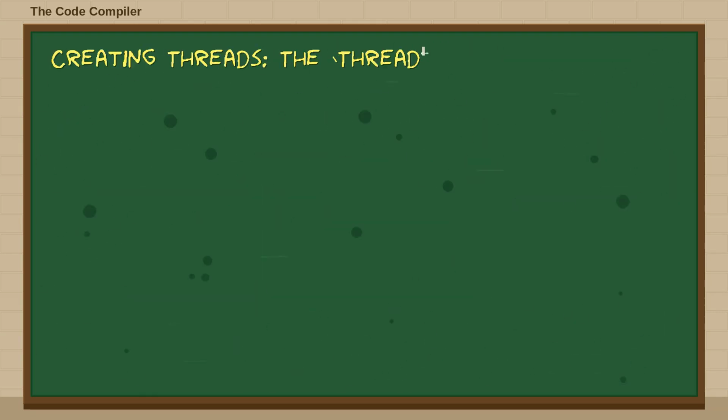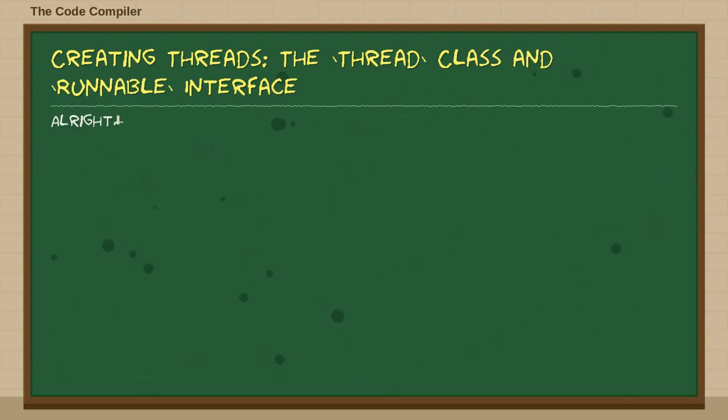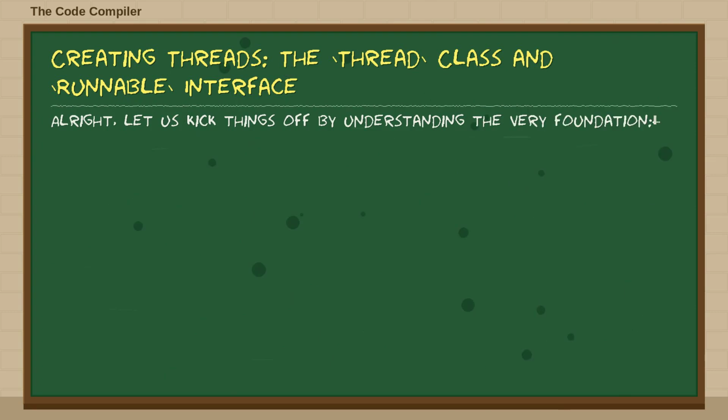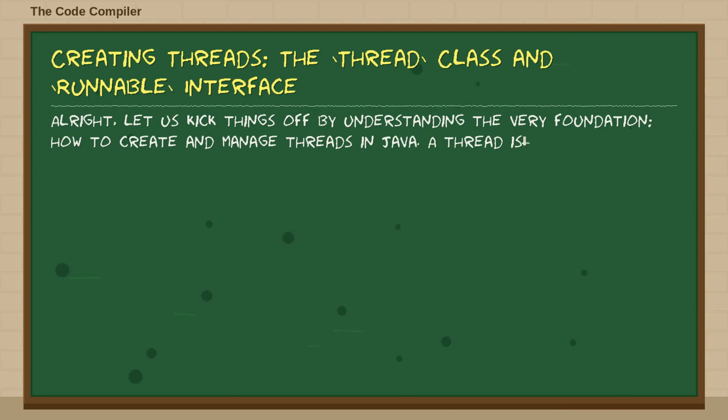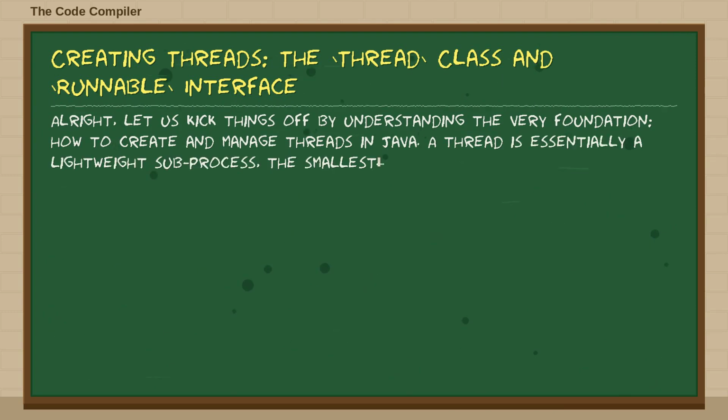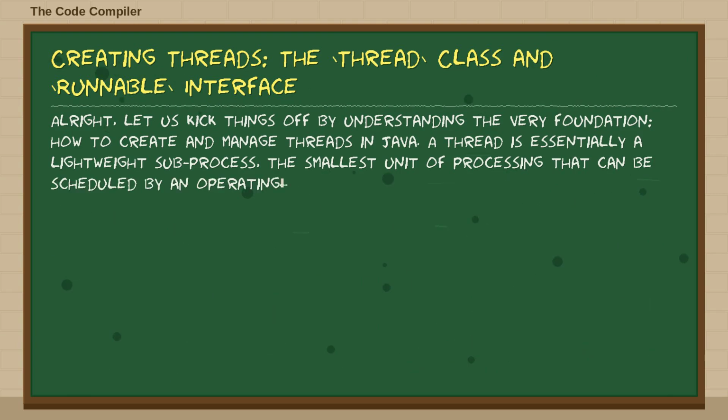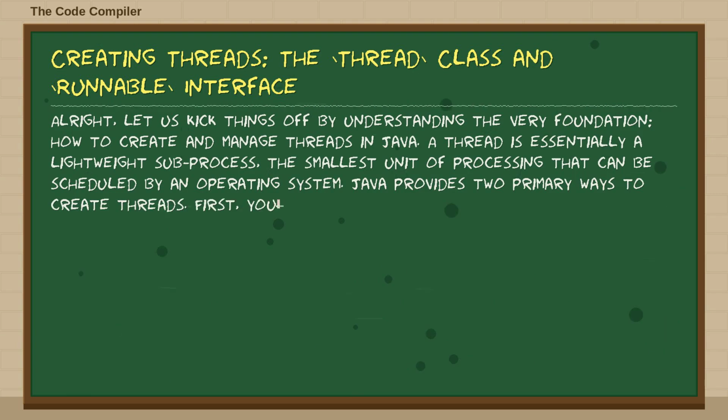Alright, let us kick things off by understanding the very foundation, how to create and manage threads in Java. A thread is essentially a lightweight subprocess, the smallest unit of processing that can be scheduled by an operating system. Java provides two primary ways to create threads.